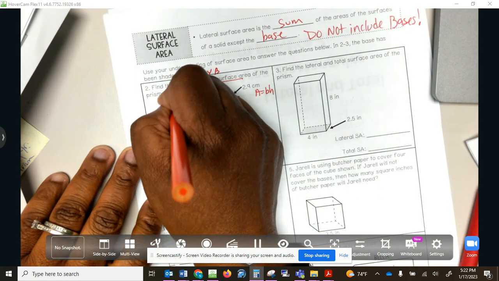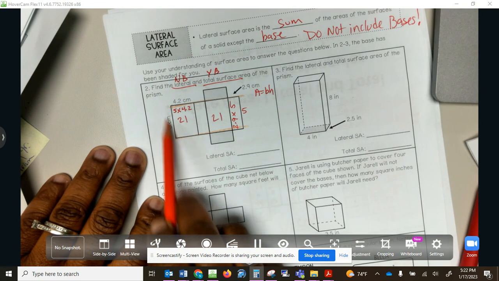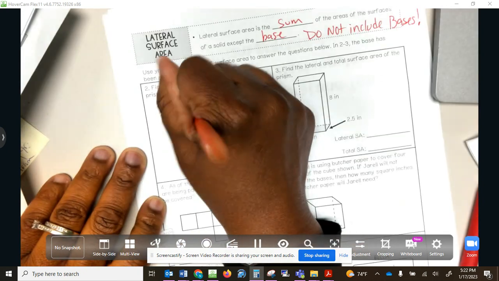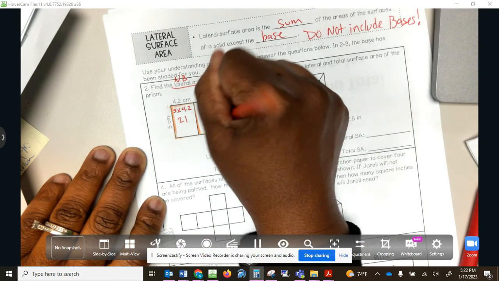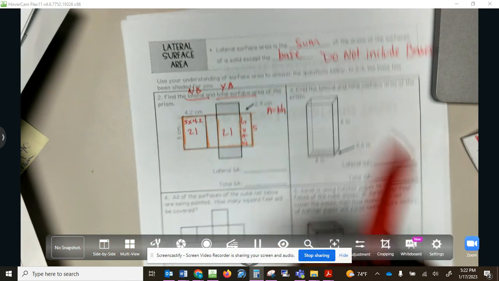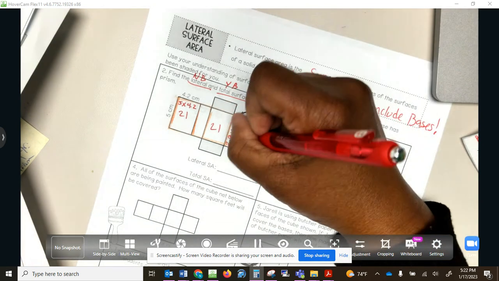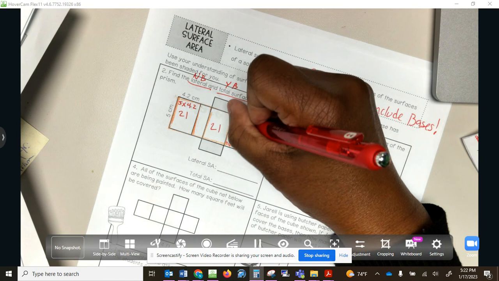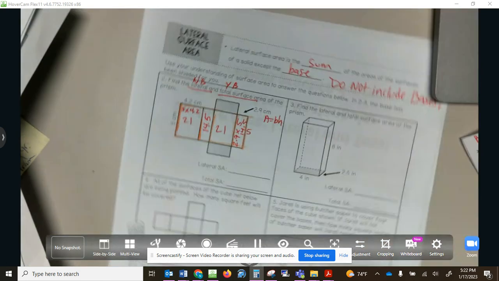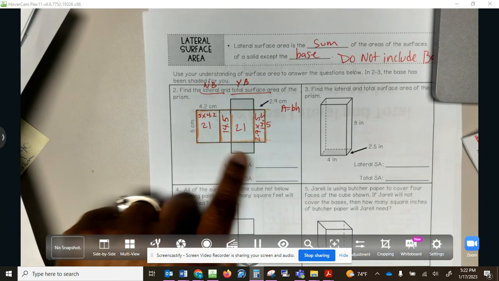If this side is 5, if I get 5 going this way every time, that tells me that every line in here has to be 5. I'm always going to get 5 there. So this is 2.9 times 5. 2.9 times 5, that is 14.5. And so if that's 14.5, this also becomes 14.5. So 21, 21, 14.5, 14.5.